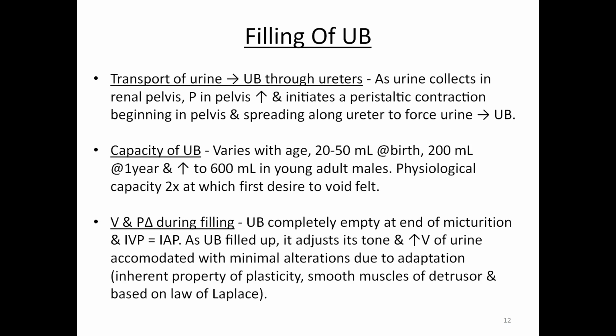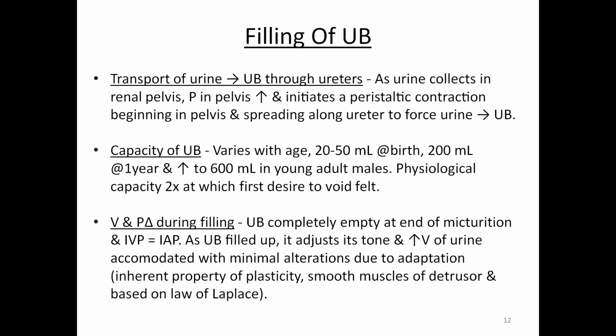So let's first talk about the filling of the bladder. The transport of urine into the bladder occurs through the ureters. As urine collects in the renal pelvis, the pressure in the pelvis increases and initiates a peristaltic contraction beginning in the pelvis and spreading along the ureter to force urine towards the bladder.